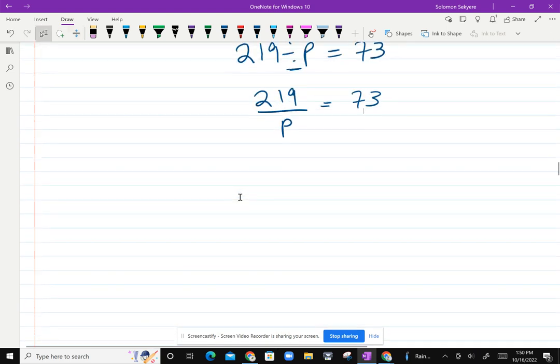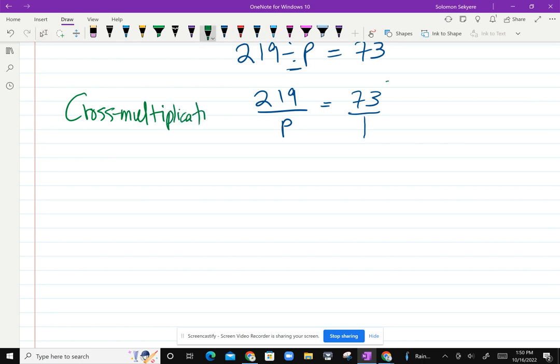A couple of steps are involved here. 73, always write it as 73 over 1. And I'm going to introduce you to something called cross multiplication, or the butterfly method. That means if I take these two and multiply, it should be equal to these two.